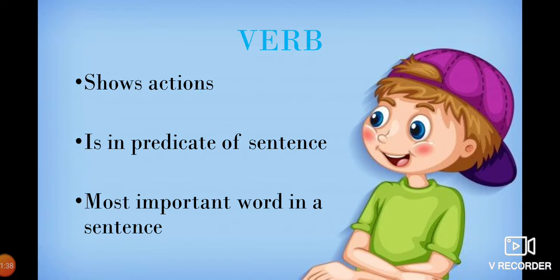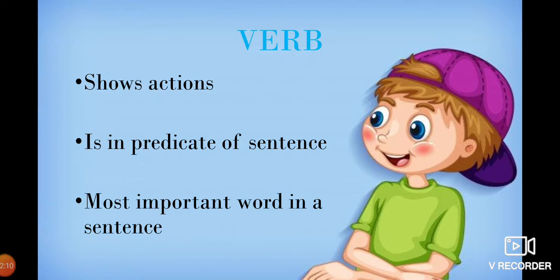We have the subject, nouns, pronouns, the complement of the sentence, etc. But the most important word in a sentence is the action, that means the verb. You can check this in every class that you have of grammar or language. The first shows actions, then the verb is in the predicate, and it is the most important word in a sentence.